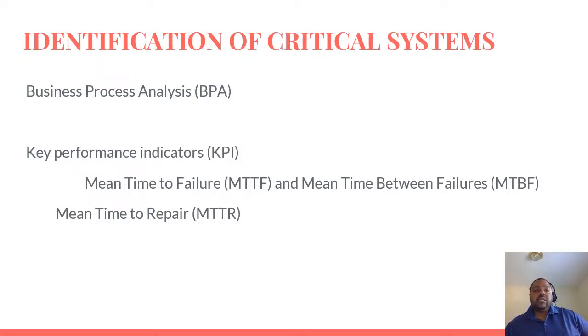When you see those abbreviations, know that on the exam they're not going to spell these out for you. They're just going to use the abbreviations. Just know mean time to failure, then mean time between failures, and then mean time to repair, which is the time from it breaking to having it repaired.